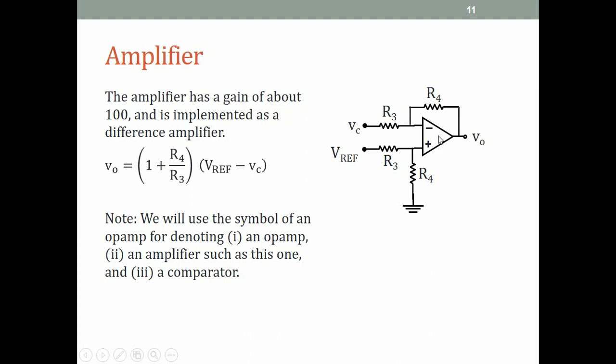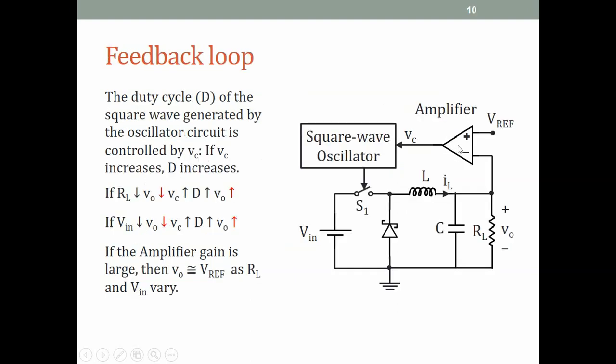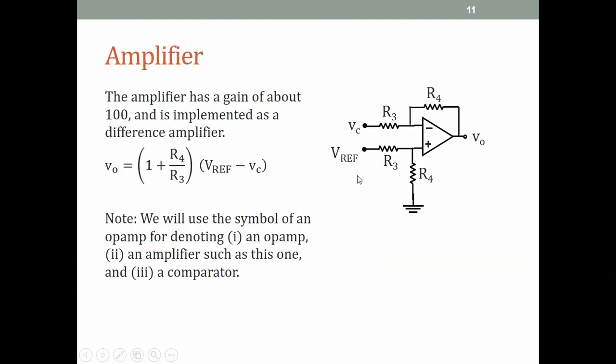By the way, I am using this symbol for an op-amp here, but here I am using it as a symbol for an amplifier of gain 100. So we use this amplifier with a gain of 100, and we'll make R4 by R3 equal to 99, and then we get an amplifier of gain 100.